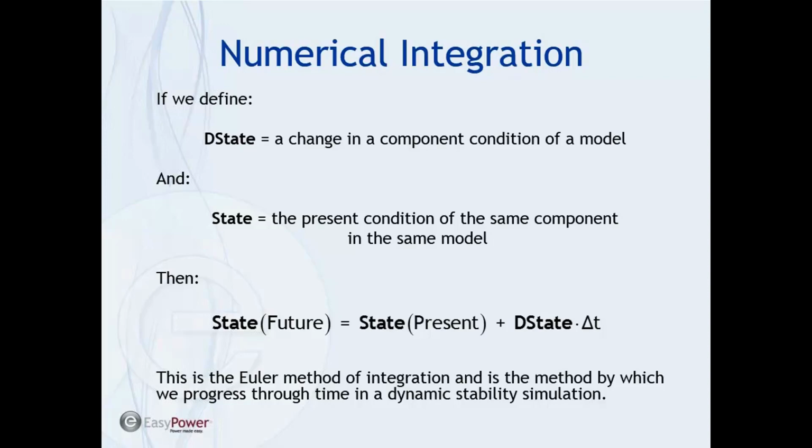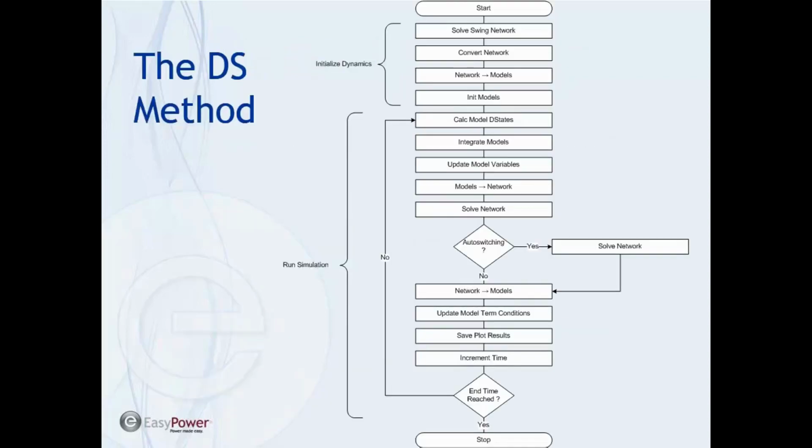Then if we have a state, which is the present held condition at one moment in time of that same component, then the state in a future moment is equal to the state of the present moment plus the D state times the time step of your simulation. This is basically the Euler method of integration, and it's the method by which we march through time in a dynamic stability simulation.